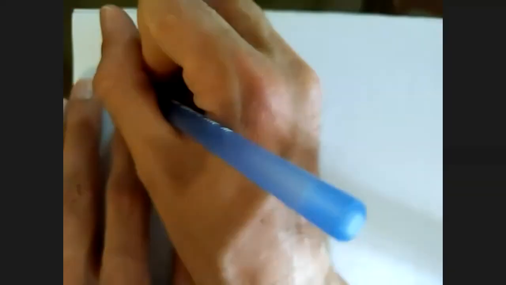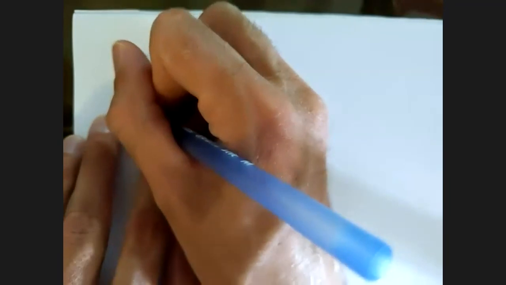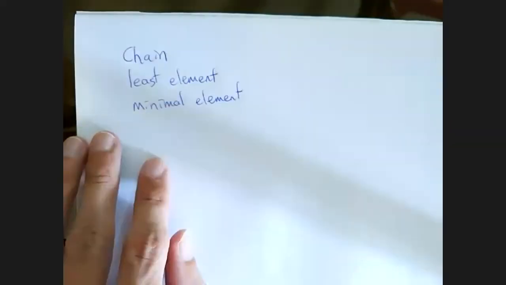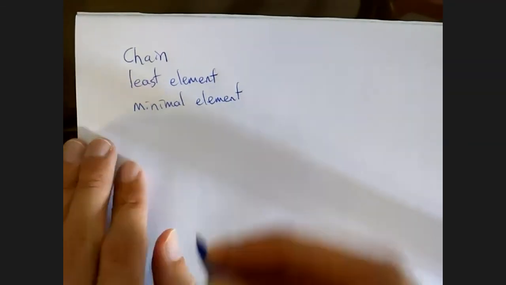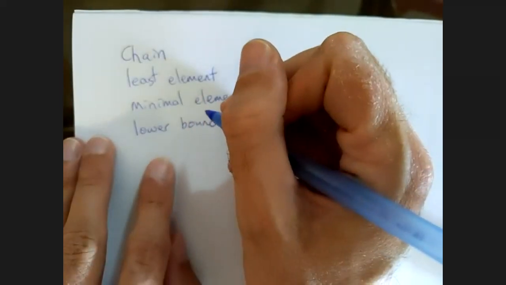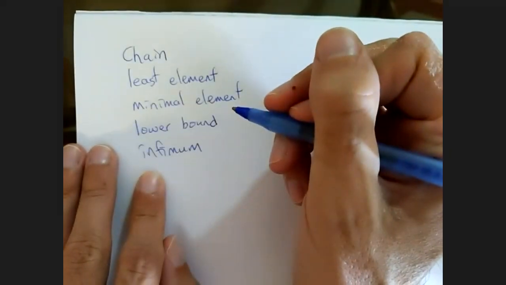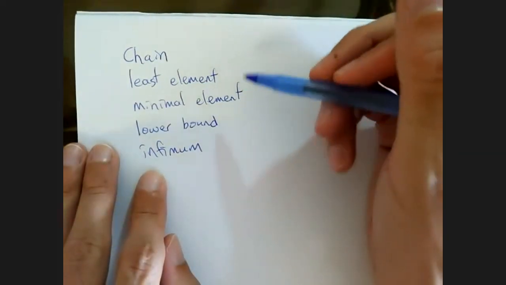I know the terms we need to talk about are chain, least element, minimal element, lower bound, infimum, and then all of these have to do with less than or equal to.